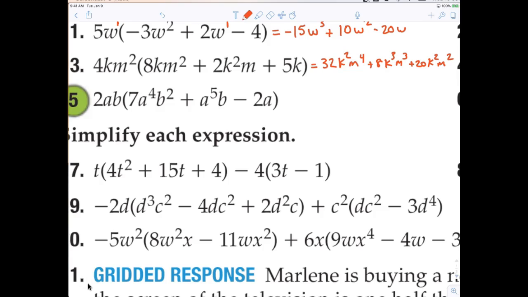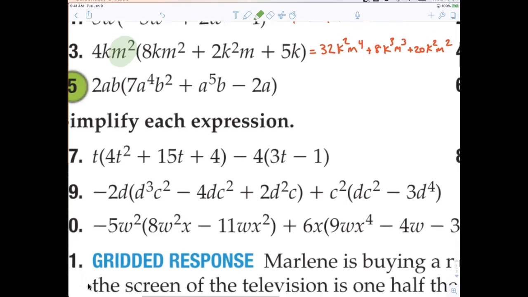You don't see the m squared? No, for the third one. This right here. There's an m squared, right? Come on, guys. You can figure that out. Multiply numbers, add exponents. You're multiplying numbers and adding exponents.